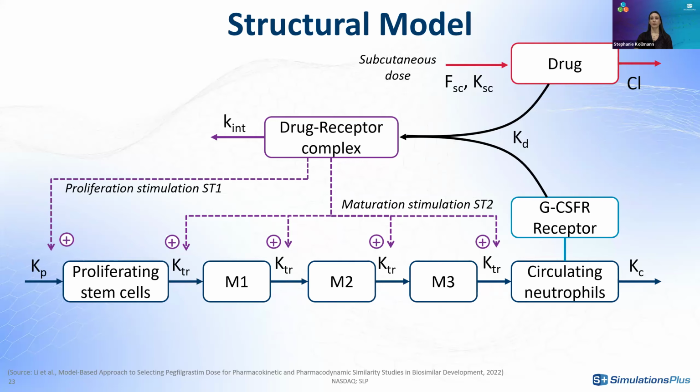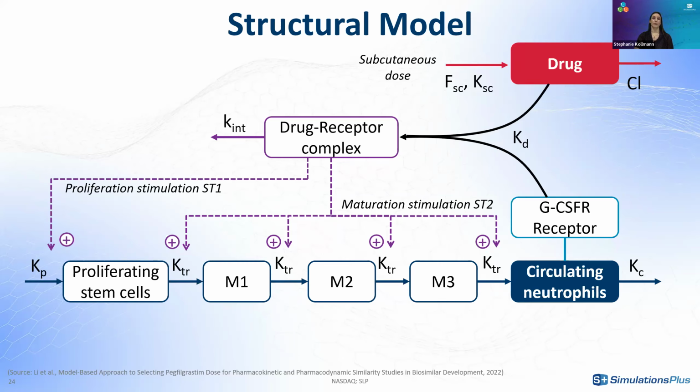The binding of the drug to its target will, via the feedback mechanism, increase the neutrophil count. More neutrophils means more target receptor, so more binding and more elimination of pegfilgrastim. And this will lead to a nonlinear PK and possibly to unintuitive behavior of the model.